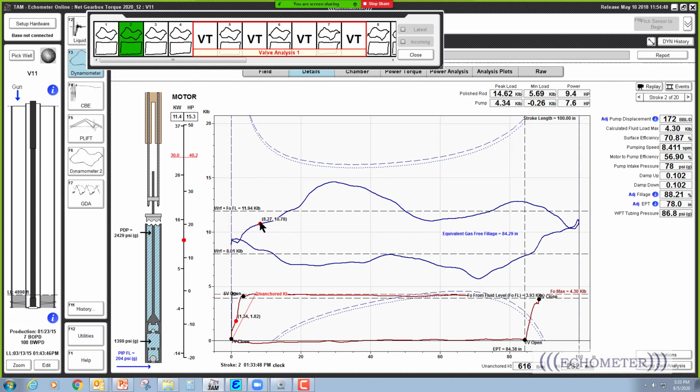As I move to the right on the upstroke, the power required to lift the net torque on the upstroke is going higher and higher. And then right there's peak load, and that is about the peak torque. See, right there is maximum kW. If I keep on moving on the upstroke over there, I'm generating some power here. It's right there. It's less than 0.